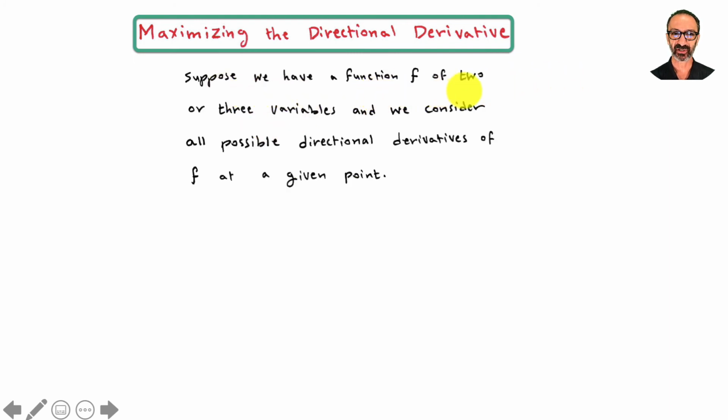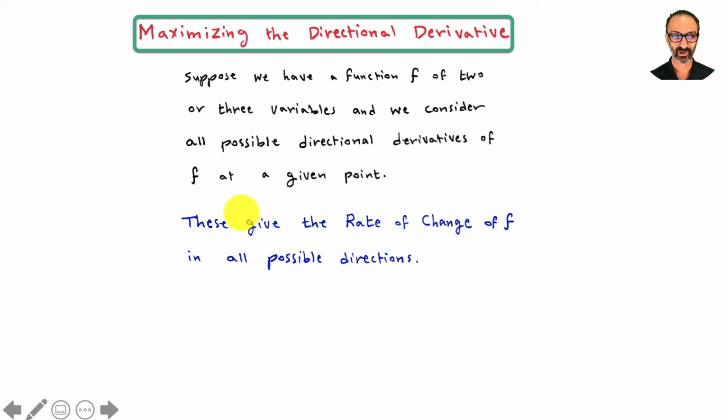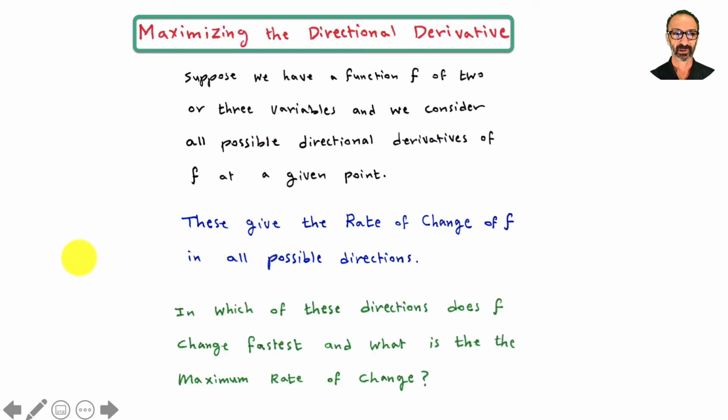Suppose we have a function f of 2 or 3 variables, and we consider all possible directional derivatives of f at that given point. These give the rate of change of f in all possible directions. In which of these directions does f change fastest, and what is the maximum rate of change?